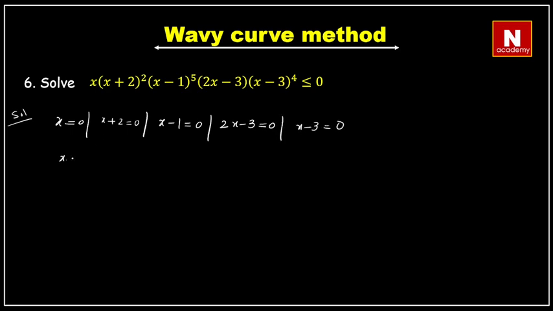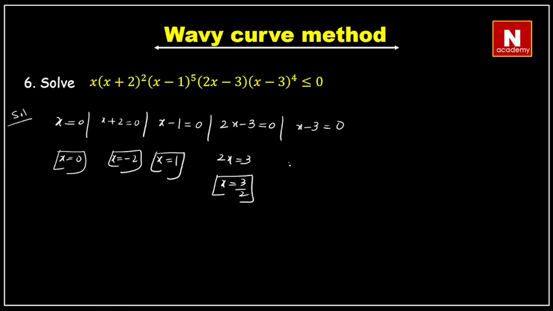That implies the first critical point is x = 0, the second one x = -2, this implies x = 1, and here 2x = 3, x = 3/2, and the last one is x = 3.